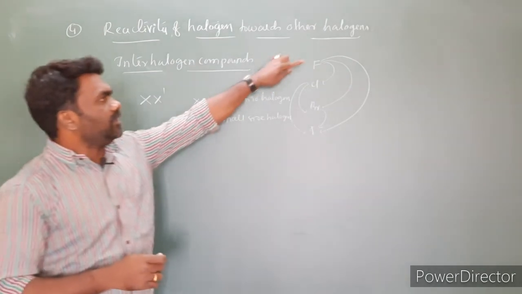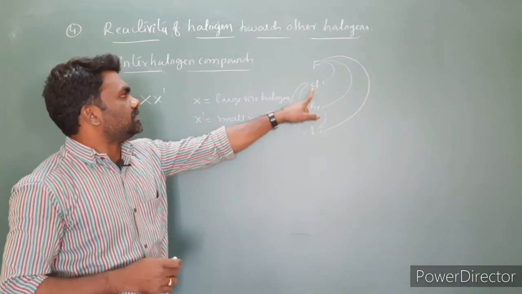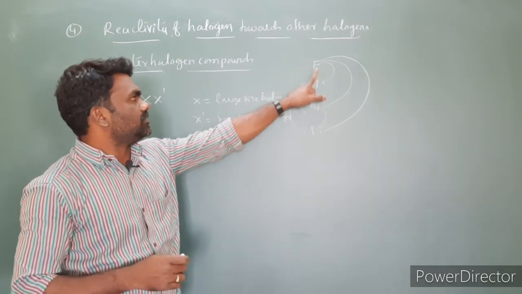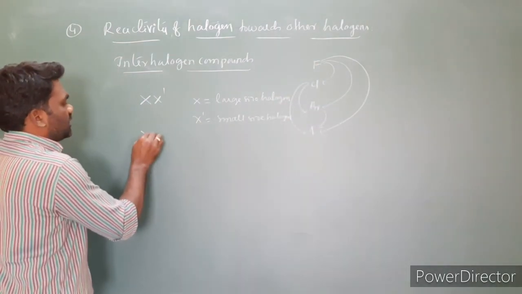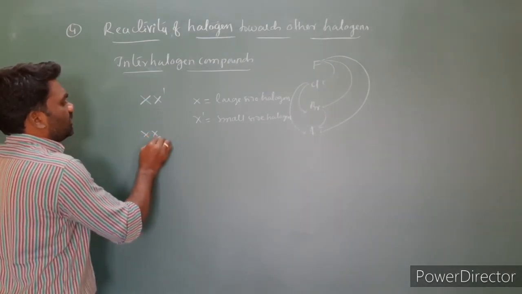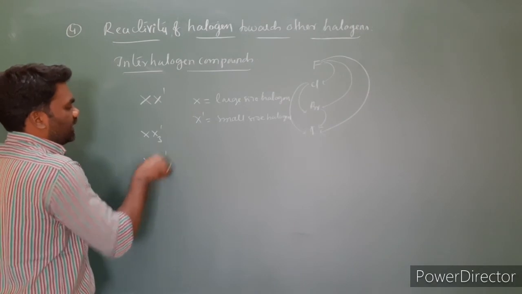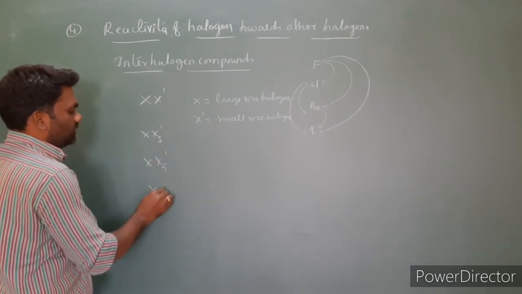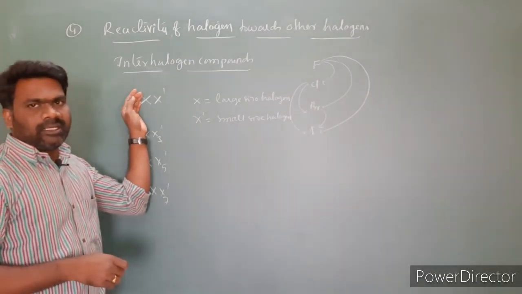Suppose you take F and Cl, you get ClF. So Cl is the large size, fluorine is the small size. That is the XX' type. The next one is XX'3, the next is XX'5, and XX'7. So these are the different types of interhalogen compounds.